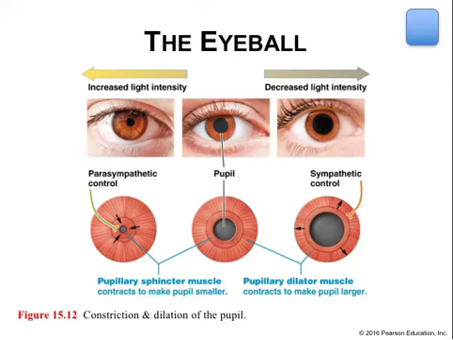Okay, so remember from last term that we checked these reflexes using the ciliospinal reflex and the pupillary reflex. When you did the pupillary reflex, you were able to shine the light into the eyeball and watch the pupil constrict, and that was a property of the oculomotor nerve.